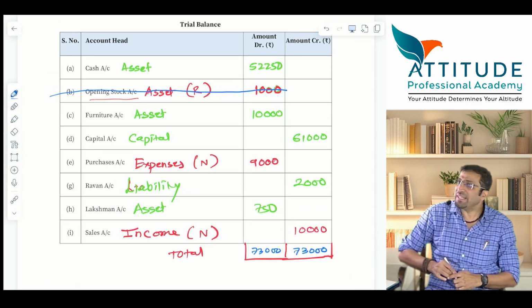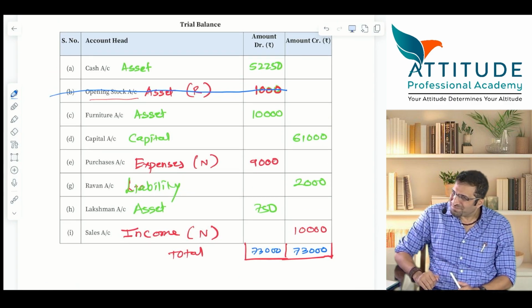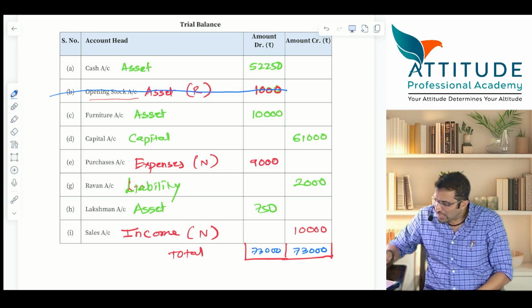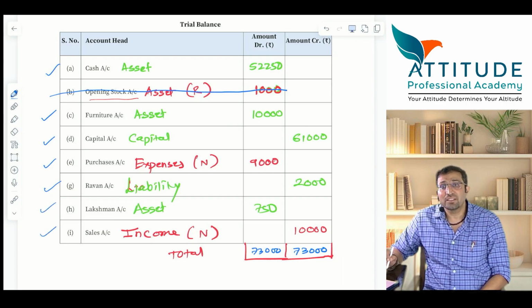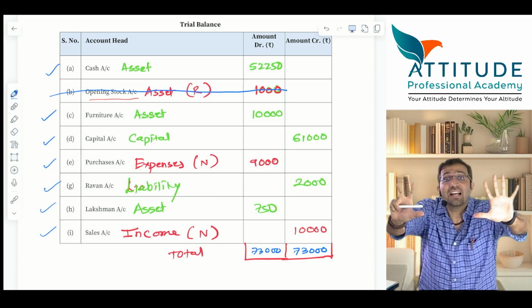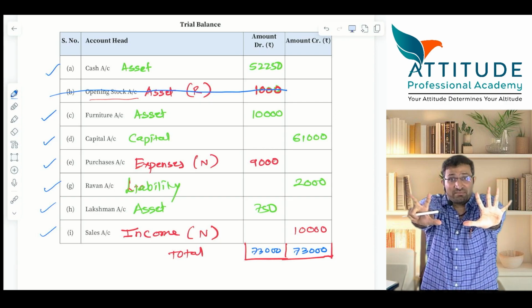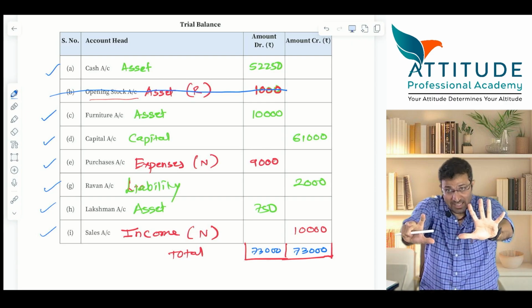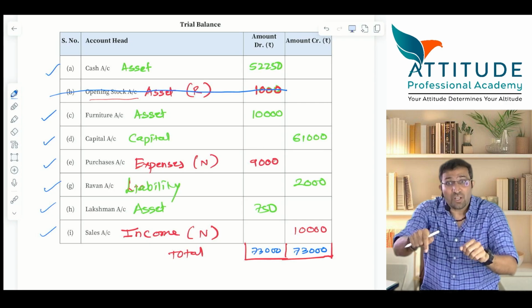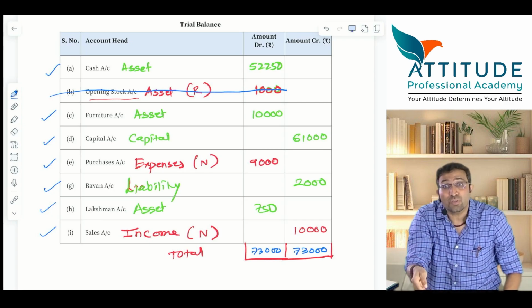Now tell me, how many accounts are left? 8 accounts are left, because you have just now opened trading account also.